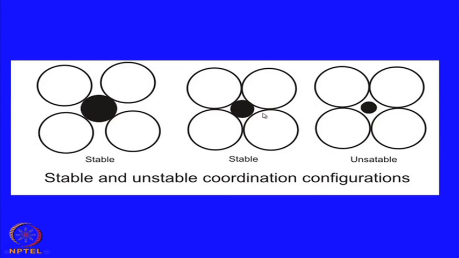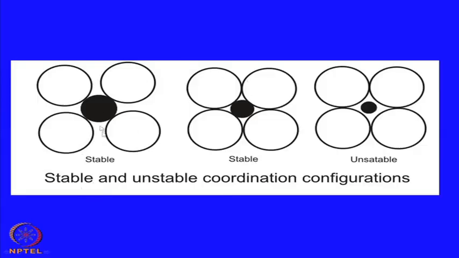So, the size of the cation exactly matches the maximum size of the sphere which you can introduce into that interstitial position. This is a very stable situation, and there may be another situation.